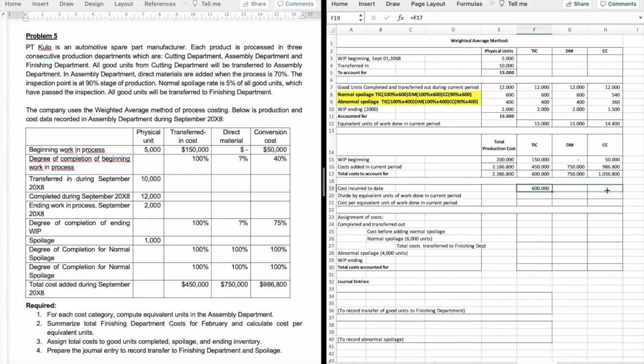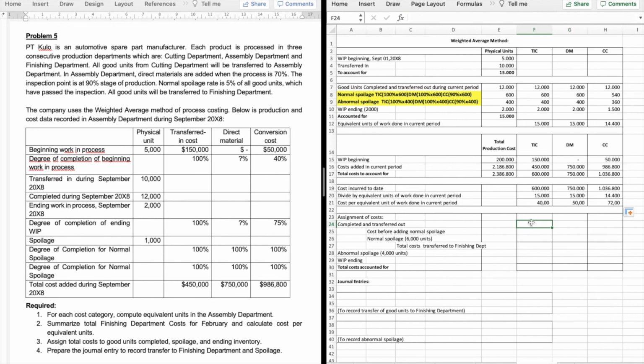And the equivalent unit is the same amount that we have calculated previously. Now the cost per equivalent unit is to divide the cost incurred to date by the equivalent units. So we have 40 for transferred in cost, 50 for the direct materials, and 72 for the conversion costs.